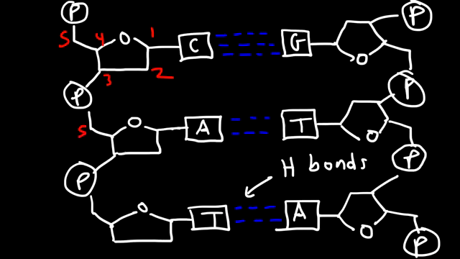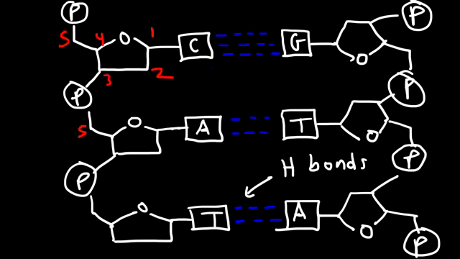So notice that the phosphate group is attached to carbon 3 and carbon 5 of the sugar units. And so this is called a 3,5 phosphodiester linkage. And it's a covalent linkage.